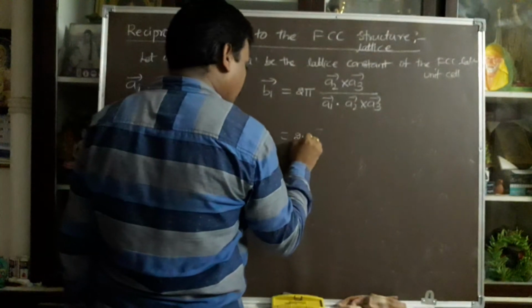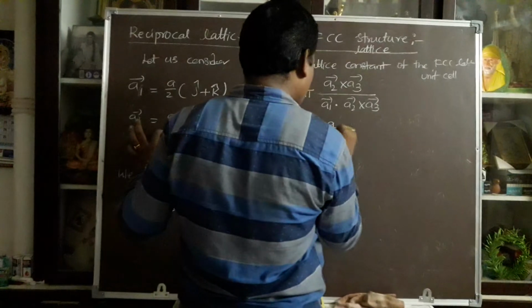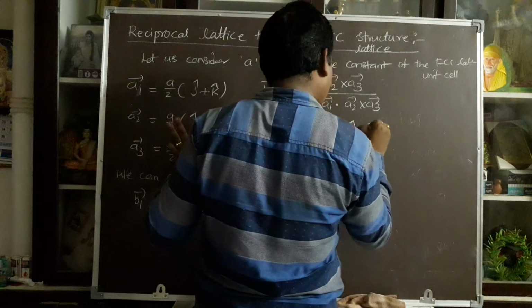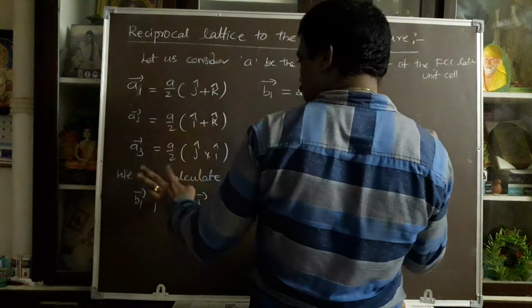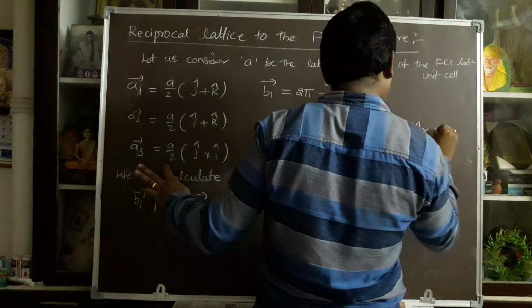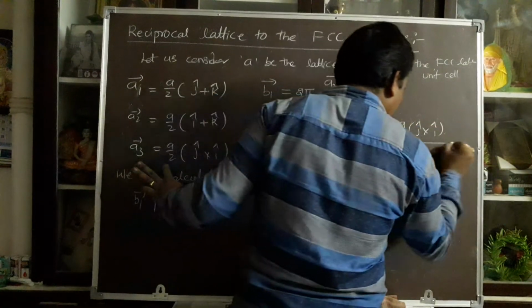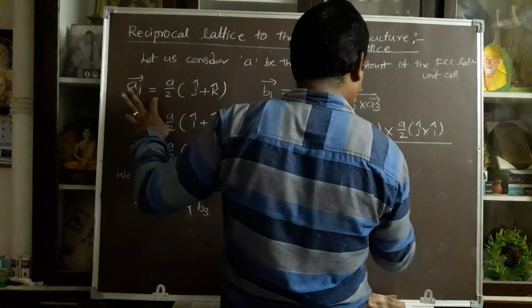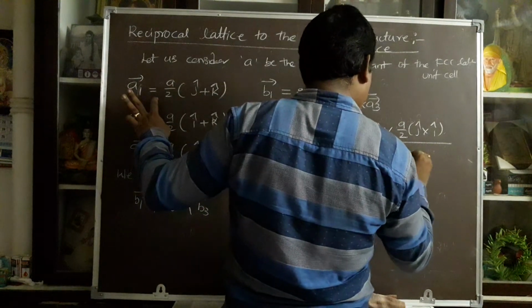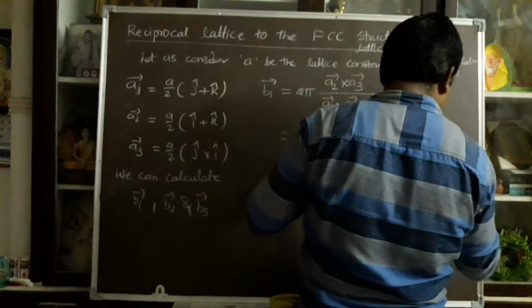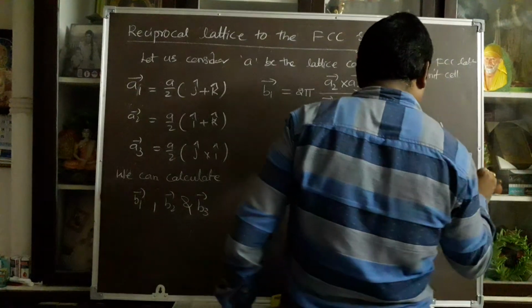Substituting in this equation, 2 pi into a2 bar, which is a/2 into (i cap plus k cap), cross a3, which is a/2 into (j cap cross i cap), divided by a1, which is a/2 into (j cap plus k cap), dot a/2 into (i cap plus k cap) cross a/2 into (j bar cross i cap).